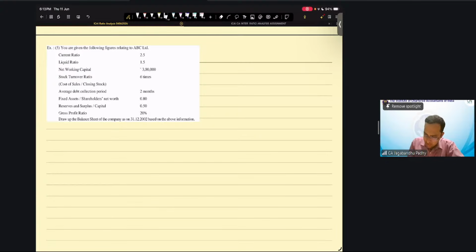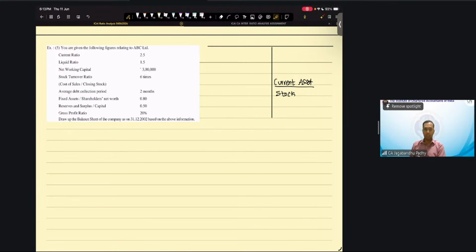Let me have a small format over here, just for the sake of understanding what needs to be computed. We will need current assets, and in that we will need stock. Also, since the debt collection period is given, we will need the value of debtors.